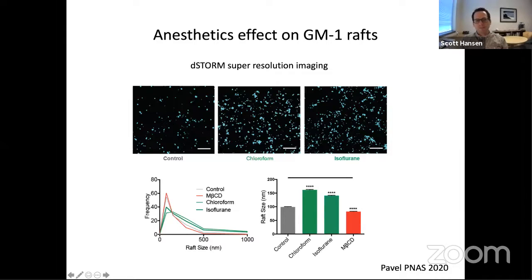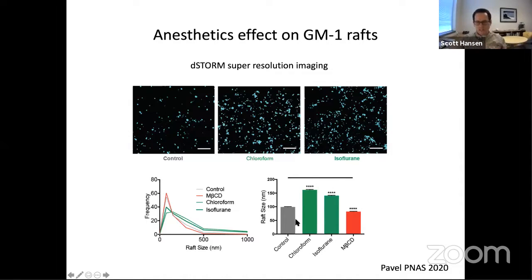And we simply added chloroform at a concentration that is normally used to activate ion channels in the clinic, which is around 1 millimolar. And we were very surprised to see that these GM1 domains actually increased in size and were larger. And the same thing happened with isoflurane.